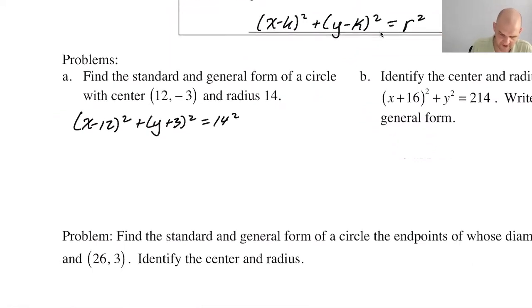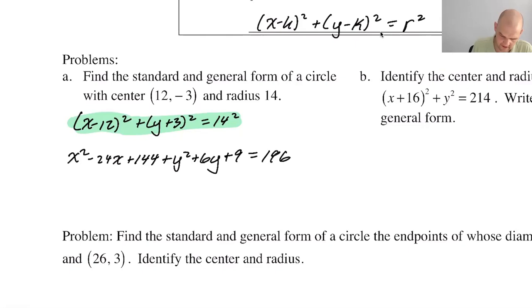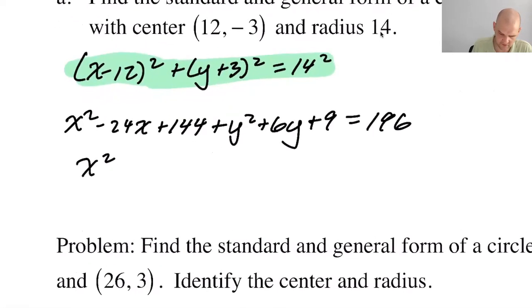So this is done, right? That's our standard form. Now general form: x squared minus 24x plus 144 plus y squared plus 6y plus 9 equals 196. Okay, so x squared plus y squared minus 24x plus 6y.